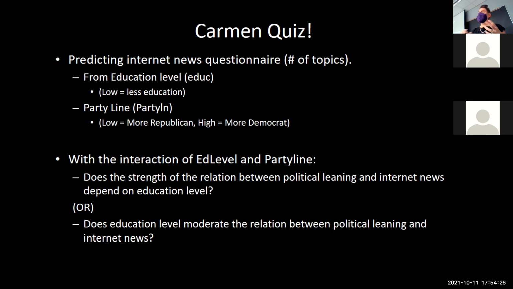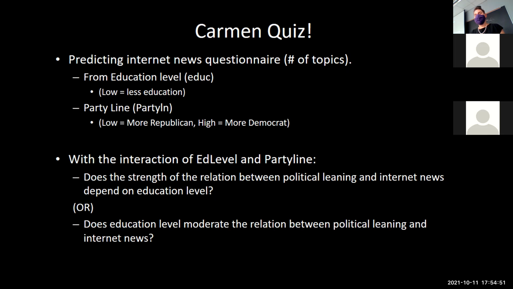Once I've put in the interaction of ed level and party line in this model, what I'm asking is, does the strength of the relation between political leaning or party line and internet news depend on your education level? Believe it or not, I wrote this example prior to the 2016 election.